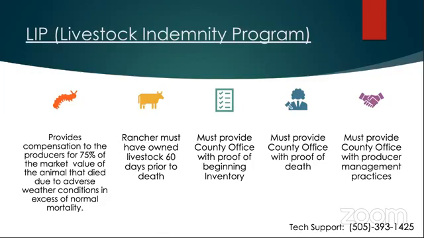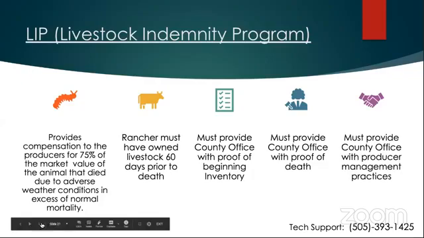Like our other programs, the rancher must have owned the livestock 60 days prior to the death. They need to provide us with proof of beginning inventory. They also need to provide proof of death, and they need to provide us with some documentation showing that the producer had good management practices out there. Next slide, please.